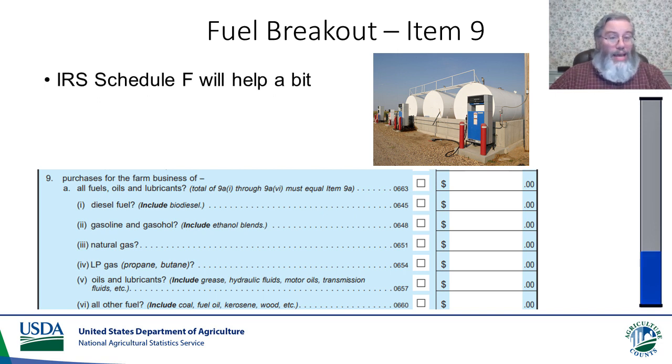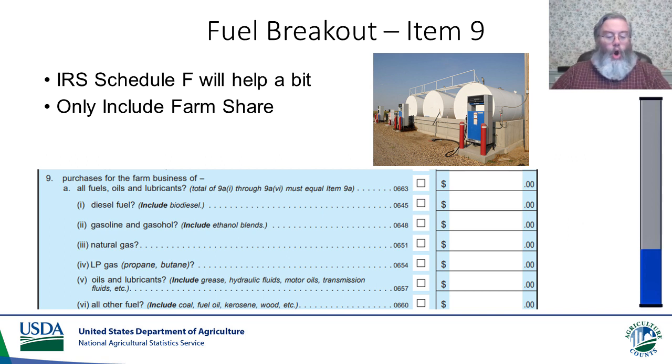Farm record books and the IRS Schedule F will usually have an entry for total gasoline, fuel, and oil, but will not follow the breakdown we're asking for in Section H. If the operators cannot break down the individual fuels by dollar amount, try to have them break it down by percentage. Also, be sure to include only the farm share of the fuels.